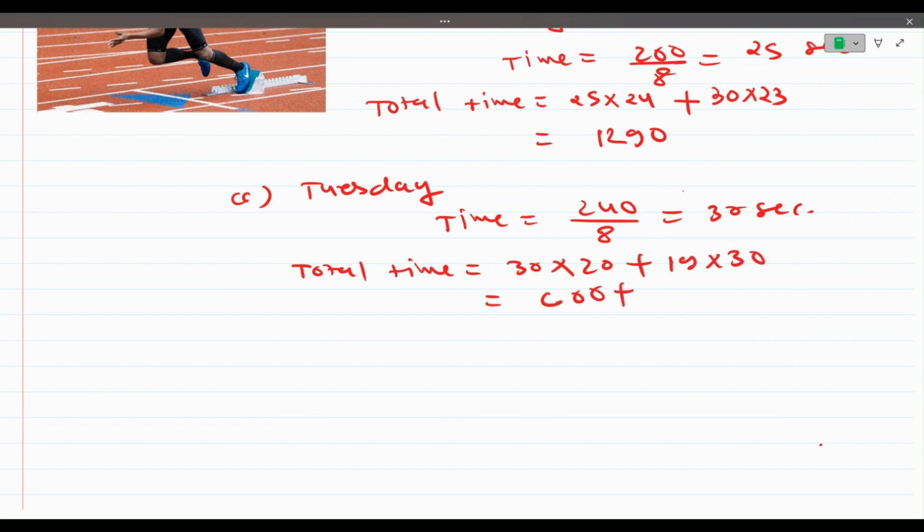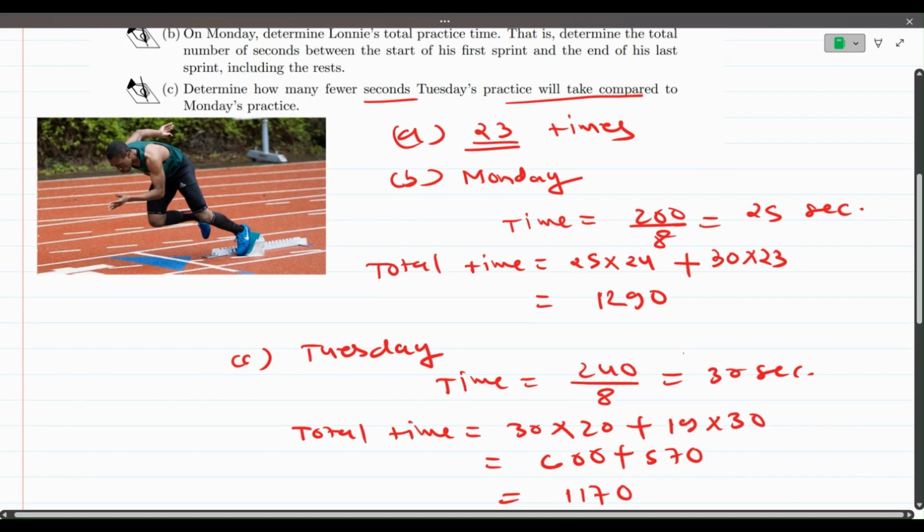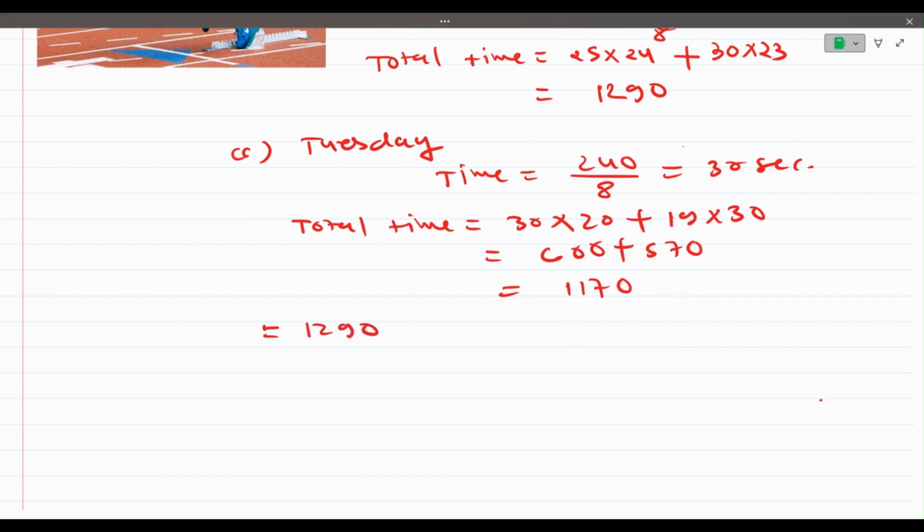So this is 600 plus 570, which is going to be 1170. So the question is, what is the difference between the practice time on Monday and Tuesday? The difference would be 1290 minus 1170, which is 120 seconds.